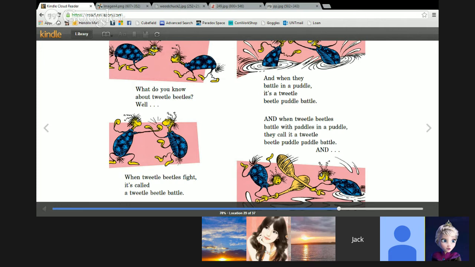So say the paragraph on the lower right for me one more time. And when tweedle beetles battle with paddles in a puddle, they call it a tweedle beetle puddle paddle battle. Yeah, very good.